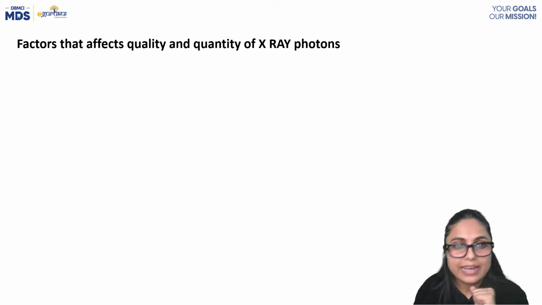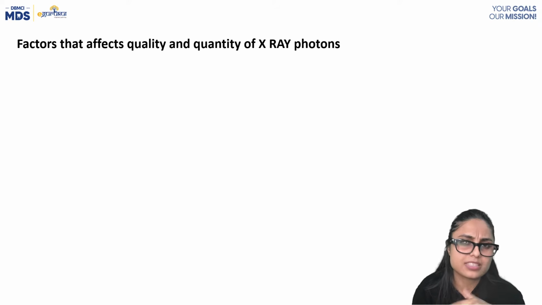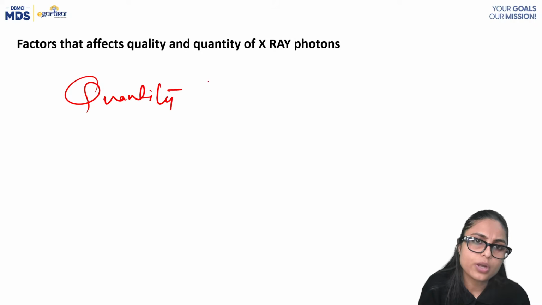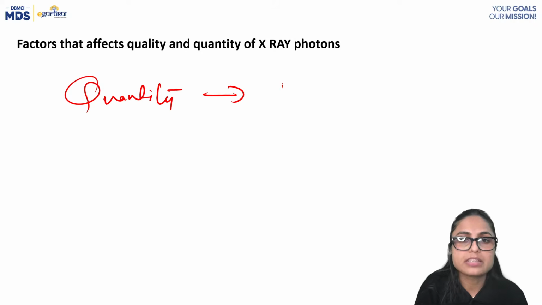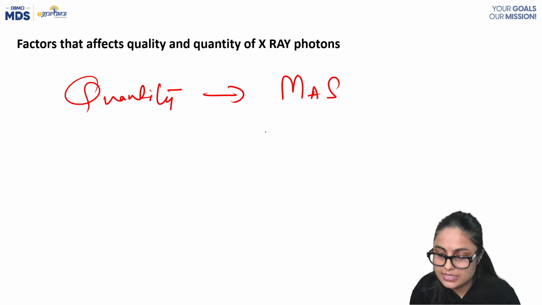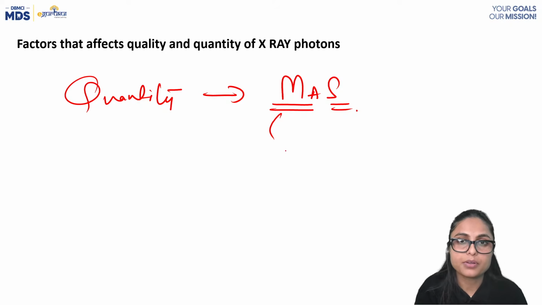Now, factors that affect the quality and the quantity of X-ray photons. We all know this, correct? The quantity of X-ray photons depends on mAs, which is milliamperes and seconds, current and exposure time.